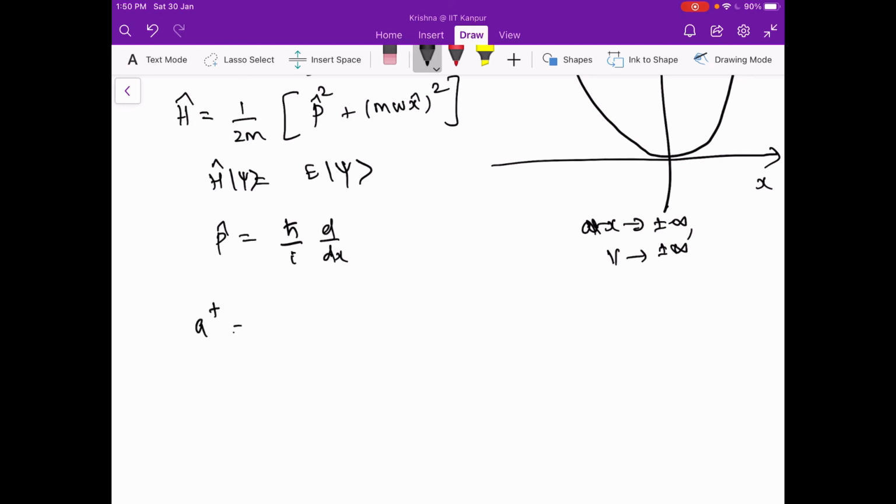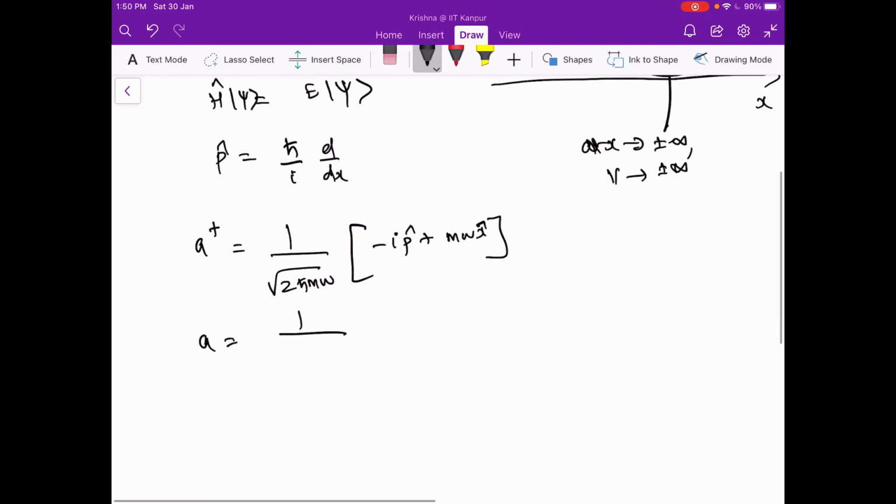A dagger was defined as 1 by root 2 h cross m omega times minus i p hat plus m omega x hat. A was written as 1 by root 2 h cross m omega times i p hat plus m omega x hat.